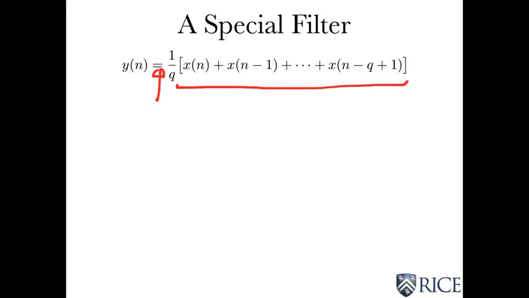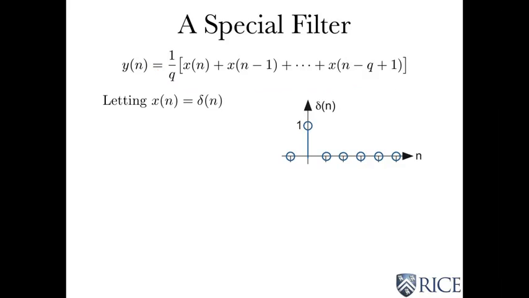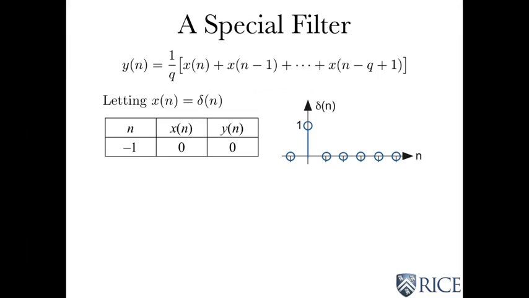And we want to figure out how this works. Well, I'm going to do the same thing I did before. I'm going to assume I have a unit sample input, and I'm going to build my table. Well, it turns out to be a whole lot easier than it was before, since this output only depends on the previous inputs.